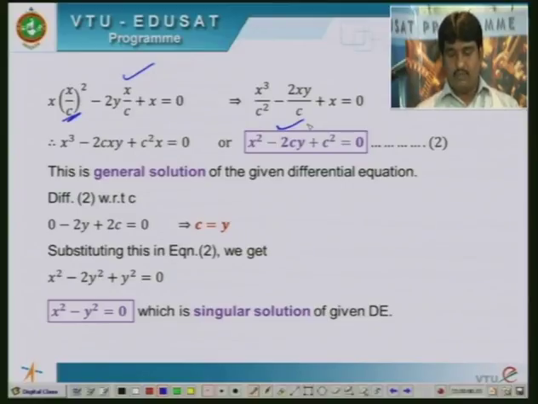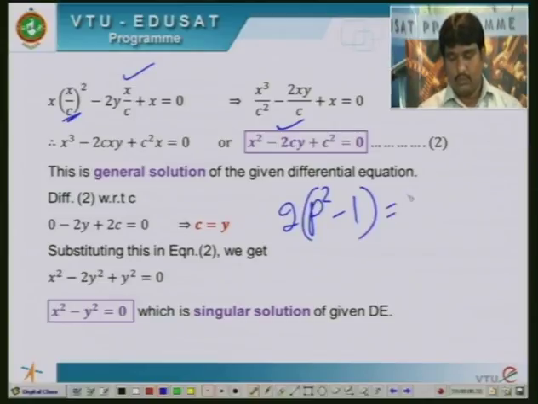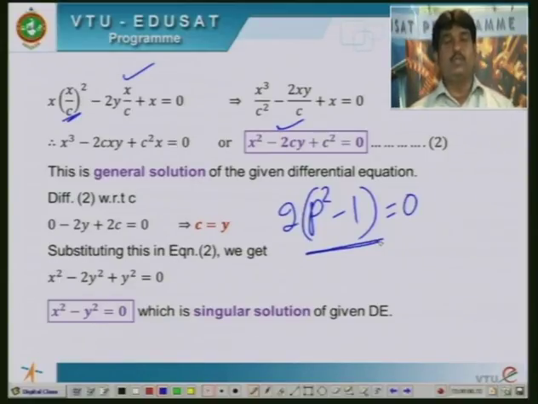We have seen there was a factor of this type, p square minus 1 equals 0. You can obtain a singular solution from this factor also, but method 2 is, when we have the general solution, you differentiate that with respect to the arbitrary constant, treating x and y as constants.